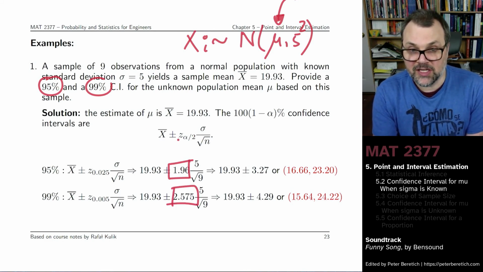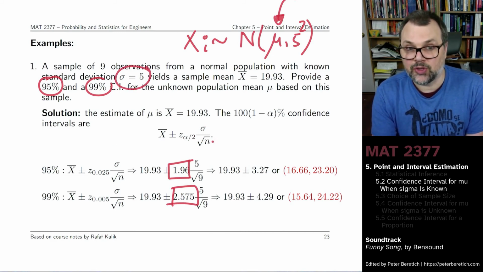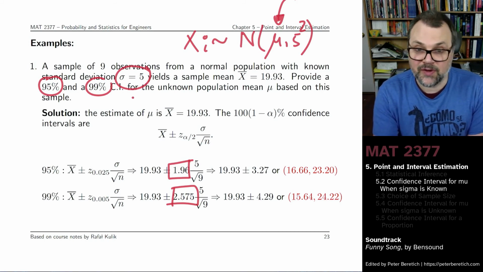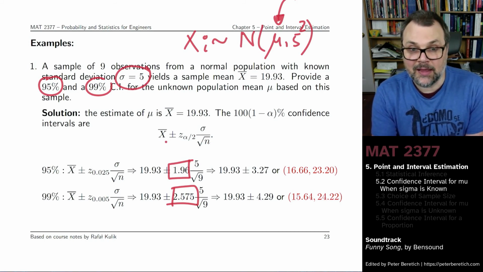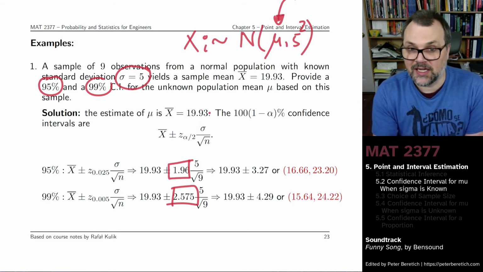The only thing we need now is to identify the standard deviation. We know what it is. It's 5. The square root of n, well, we have 9 observations, so n is equal to 9. And the specific sample mean for that sample is 19.93. So all of the information is there.